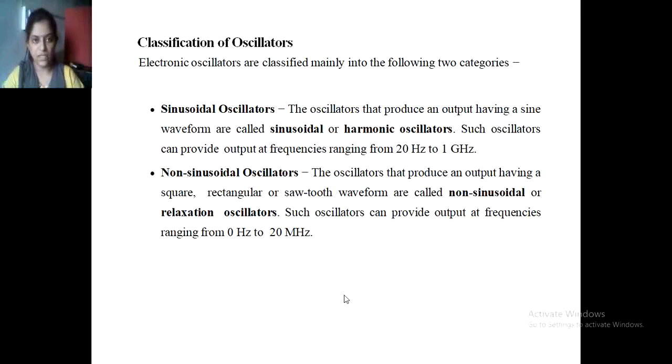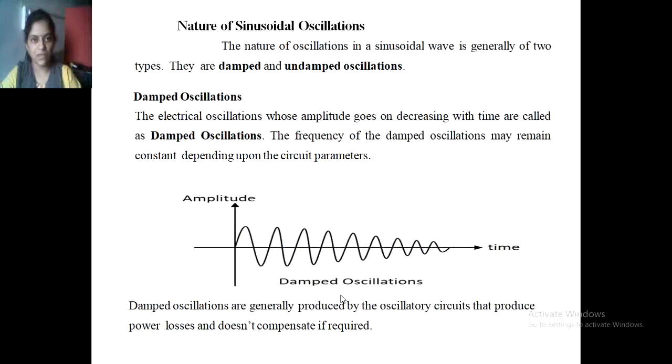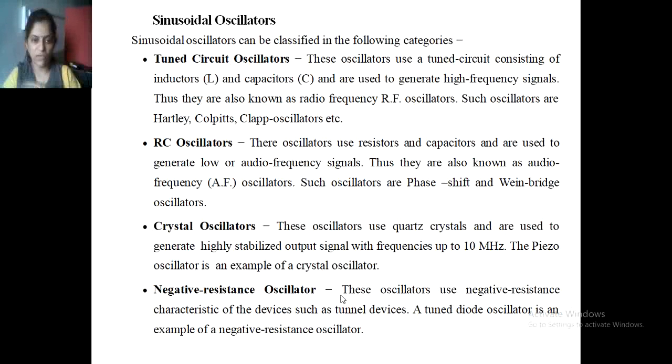Then we saw the classification of oscillators: sinusoidal and non-sinusoidal. In sinusoidal oscillators there are four types: two-nodal circuit oscillator, RC oscillators, crystal oscillators, and negative resistance oscillator. Up to this we completed in the last session.